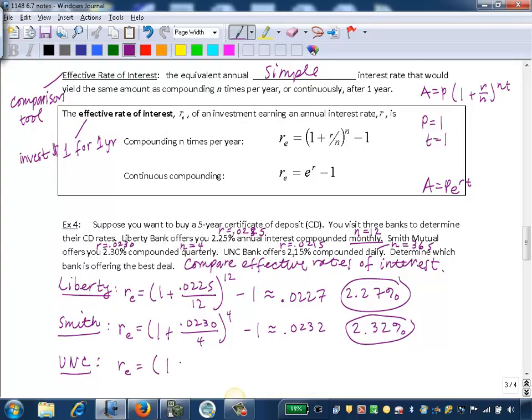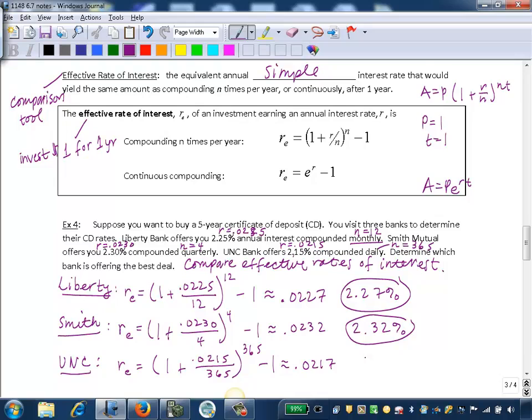So here we go, 1 plus 0.0215 over 365 to the 365th power minus 1. Here we've significantly increased the number of compounding periods, but that initial interest rate was lower. But this effective rate of interest lets us compare these. So if we enter this into the calculator, we're going to get approximately 0.0217.